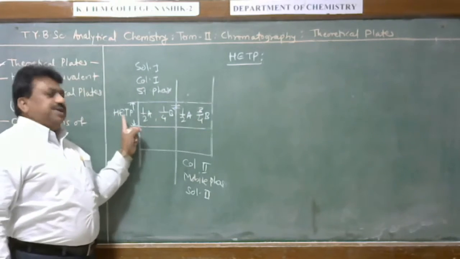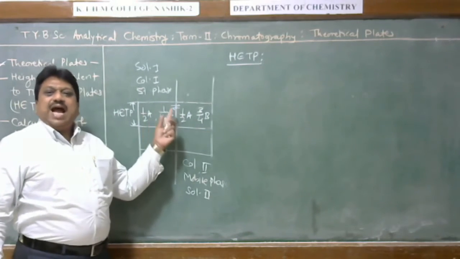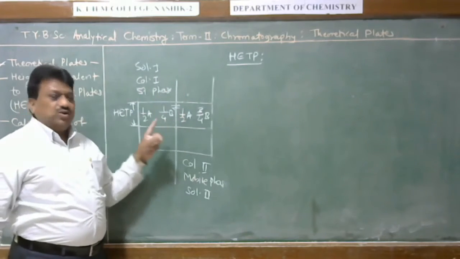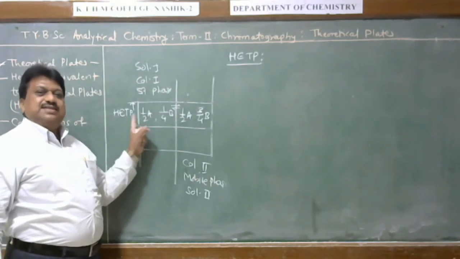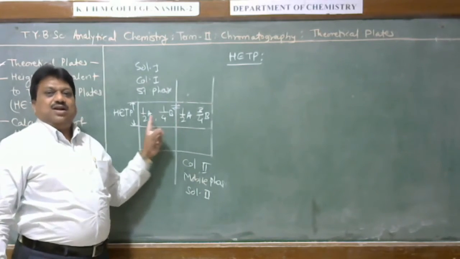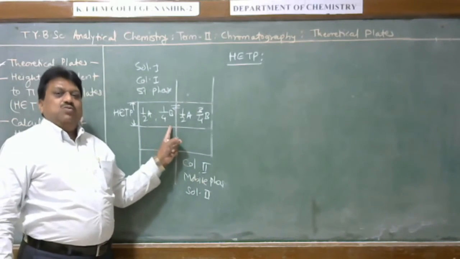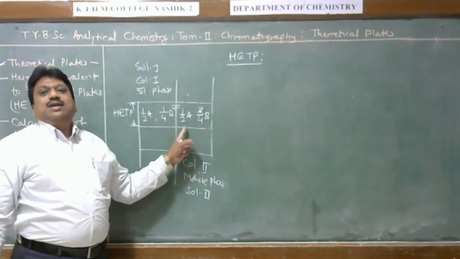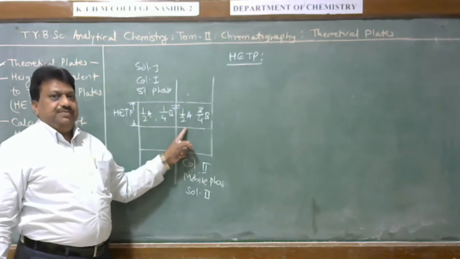That means HETP is equal to the height of a theoretical plate. Height equivalent to theoretical plate, HETP, means the height of a single theoretical plate, or the height of that column which is utilized by this sample component to undergo a distribution equilibrium.